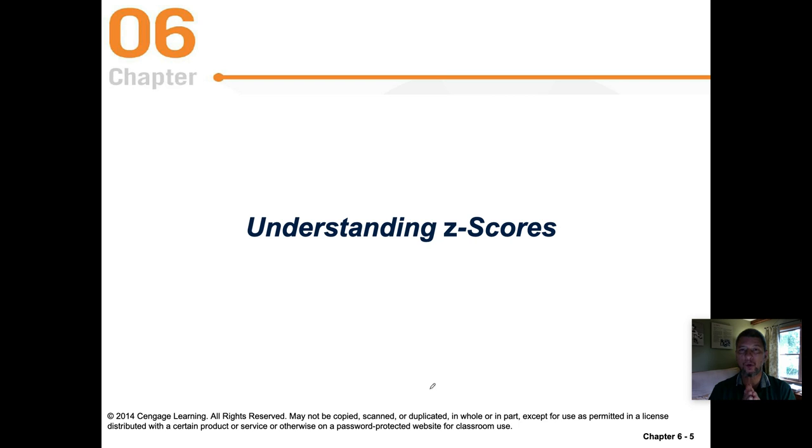Remember that a z-score is going to have a range between -3 and +3, where 0 represents the mean in the normal distribution. If you look at a normal curve, the mean is right in the middle. Mean, median, and mode actually are right in the middle. There will be 3 standard deviations to the left of the mean and 3 to the right of the mean.